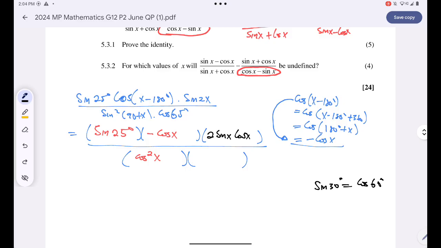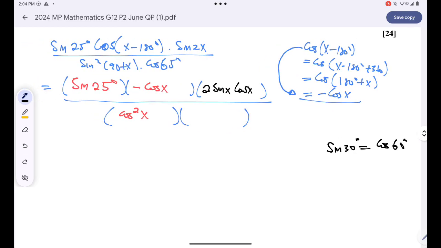Sine and cos are co-functions of each other, and then 30 plus 60 will give us 90. That's why sine 30 is equal to cos 60. Are you together? Sine of 35 degrees will be equal to the cos of 55 degrees. You can even punch your calculator, guys. Your calculator will confirm that.